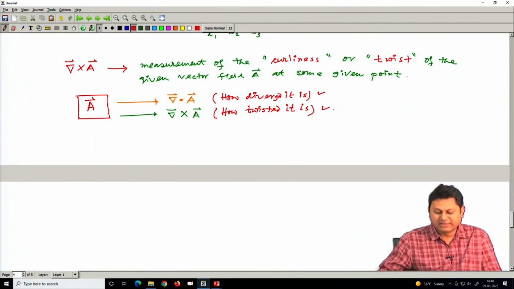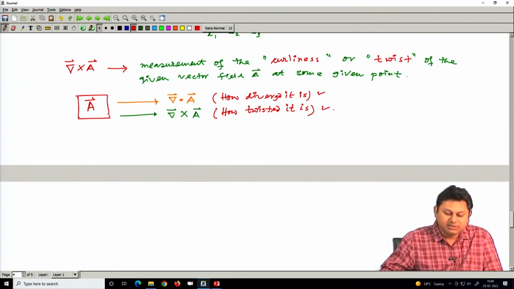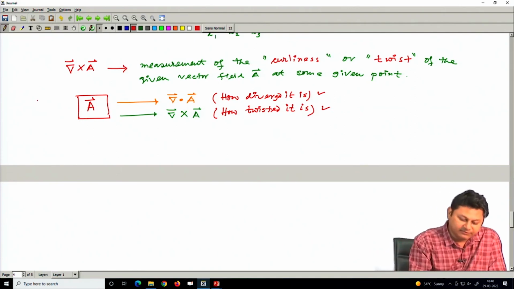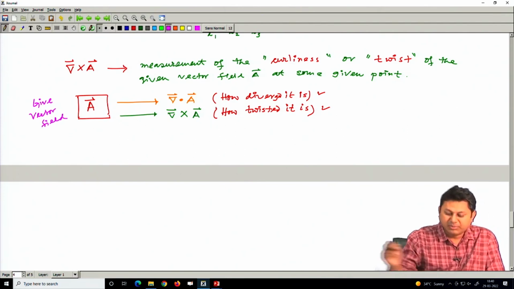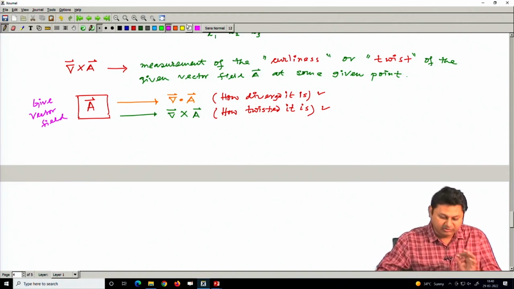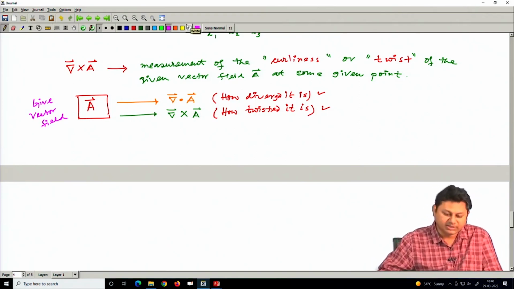Later we will do more problems and then maybe you can understand. So, this is a given vector field, and as soon as it is given, you can measure these two quantities.